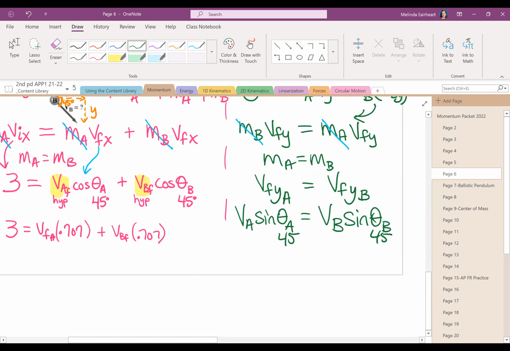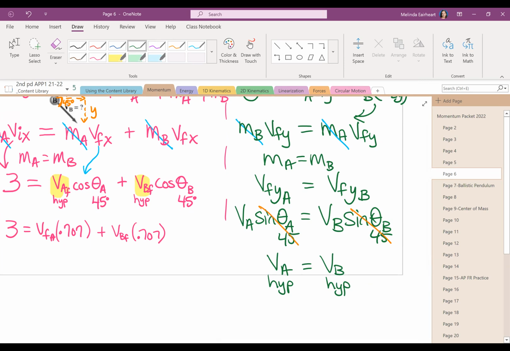Left side, right side, what's going to happen? It's going to cancel. And what they're basically leaving us with is that VA, which is a hypotenuse, is equal to VB, which is a hypotenuse. And we don't have a number there, but we have a concept.